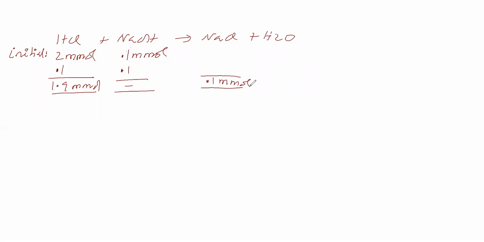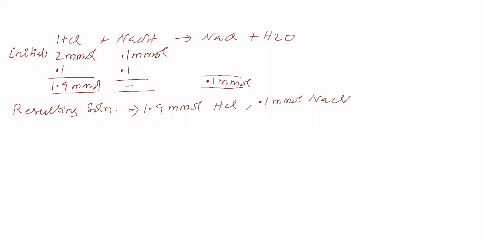Now the resulting solution contains what ions? In the resulting solution, 1.9 millimole of HCl is present and 0.1 millimole of NaCl is present. This HCl undergoes complete ionization, that assumption we will take.